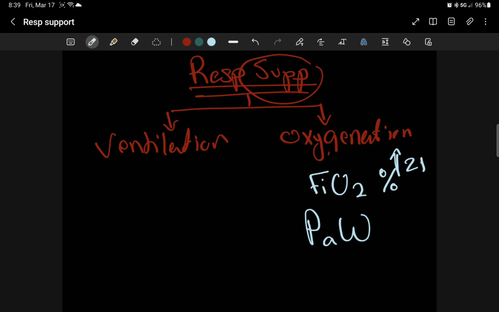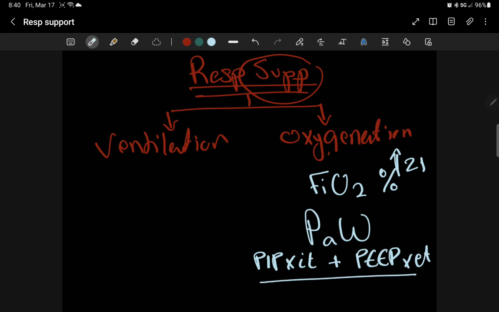So for oxygenation, we need to increase the FiO2, or increase the mean airway pressure. And the mean airway pressure, as far as we know, is the PIP, the peak inspiratory pressure, multiplied by the I time, the inspiratory time, added to the PEEP, positive end expiratory pressure, multiplied by the expiratory time, divided by the whole breath.